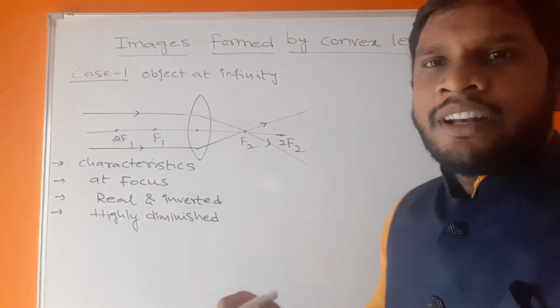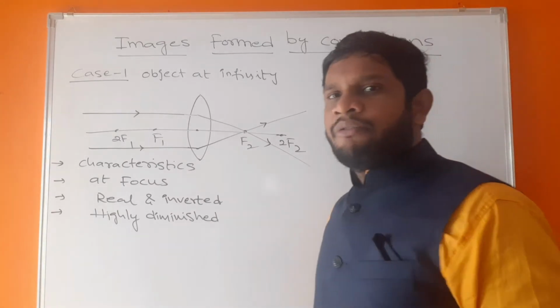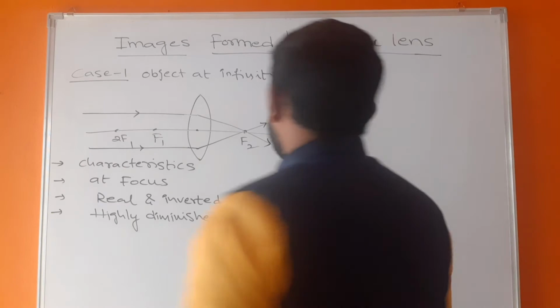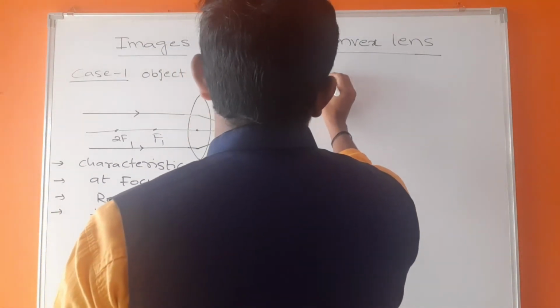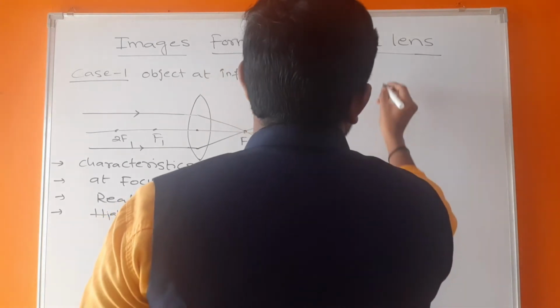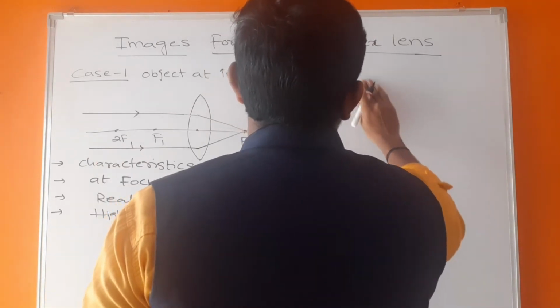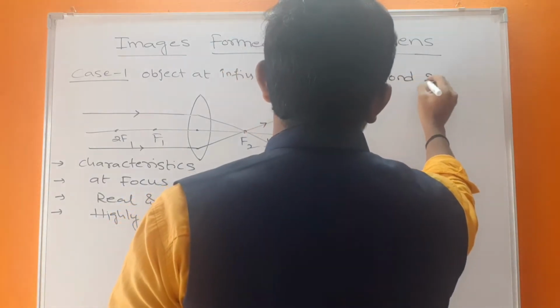Now let's move to case 2. In case 2 we bring the object closer to the lens. So in case 2, the object is going to be placed behind 2F1.